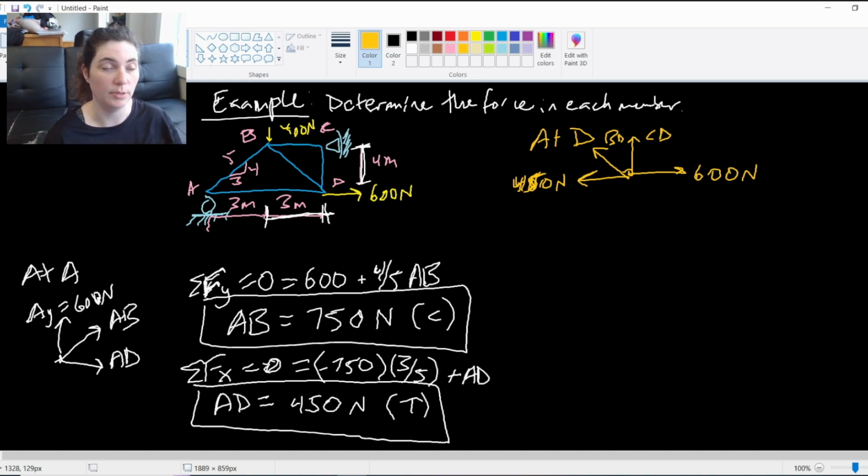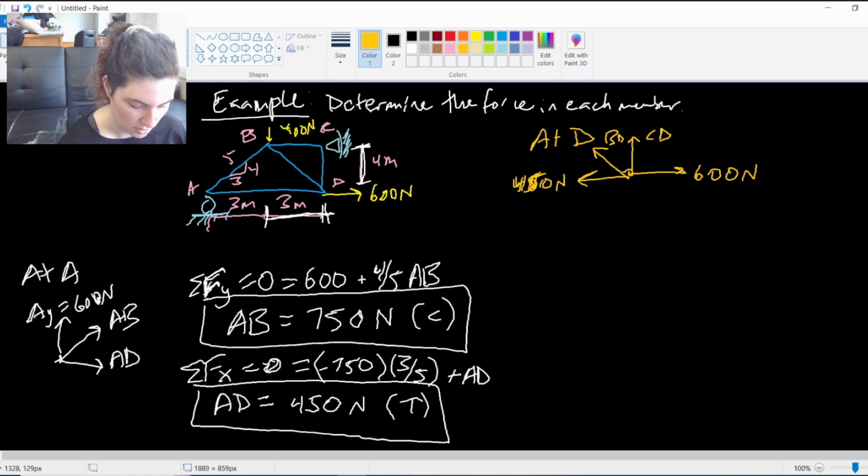And again, I just keep repeating this for joints, walking on down the line until I have every single member solved. So again, I want to do my sum of my forces. I'll do x direction this time. So I have 600 minus 450 minus the x component of BD, 3/5 BD.